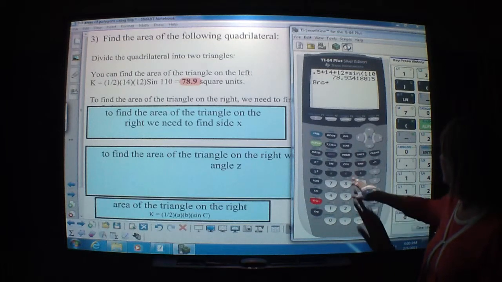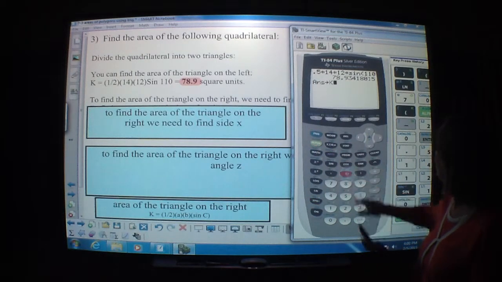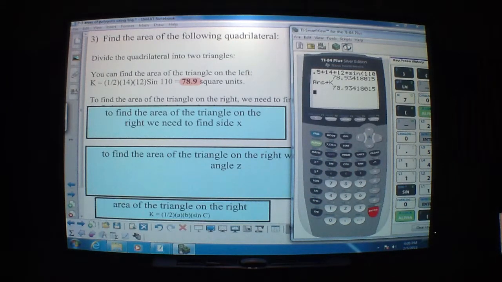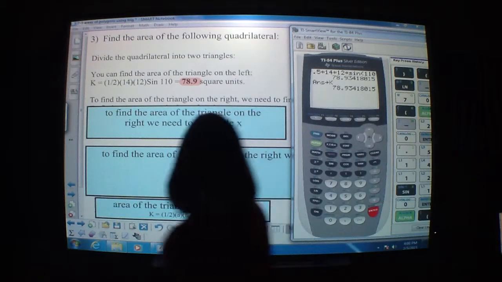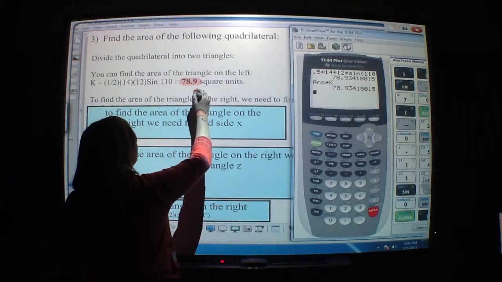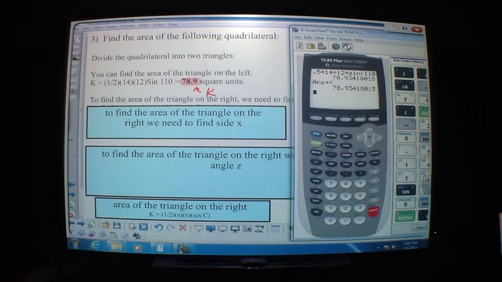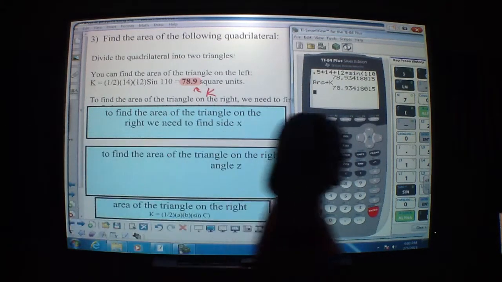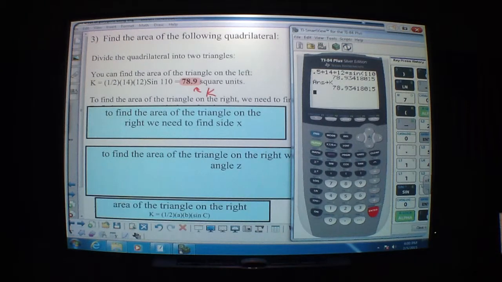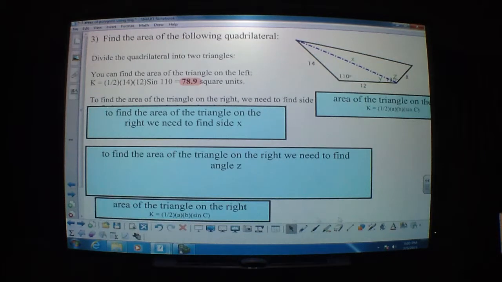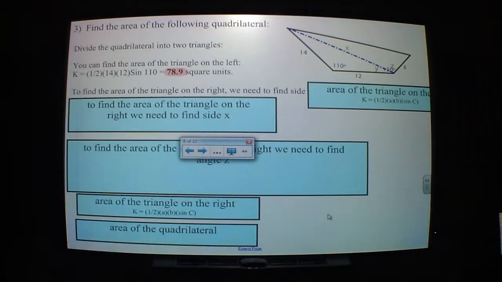Store in K. Okay, so I stored it in K. There, I have it for later on. Now, the next thing I want to do is find the area of the other triangle. Okay? But it's not as easy because I don't have two sides and an included angle. So what can we do?